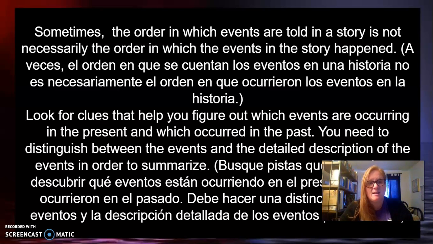Okay, so sometimes the order in which events are told in a story is not necessarily the order in which the events in the story happened. So that's confusing, right? And what happens in this story are memories.